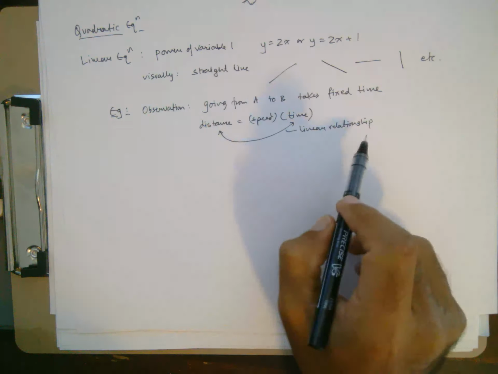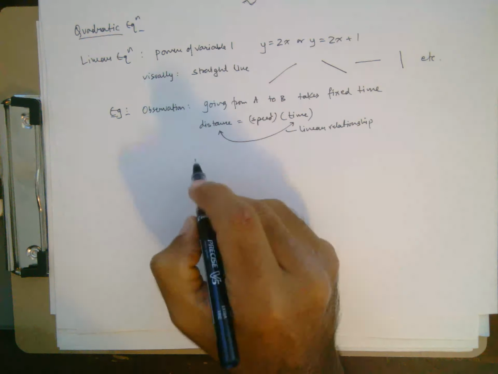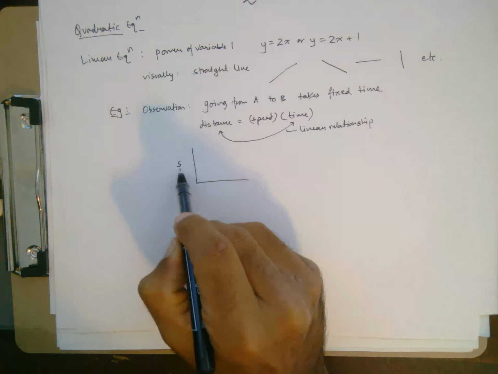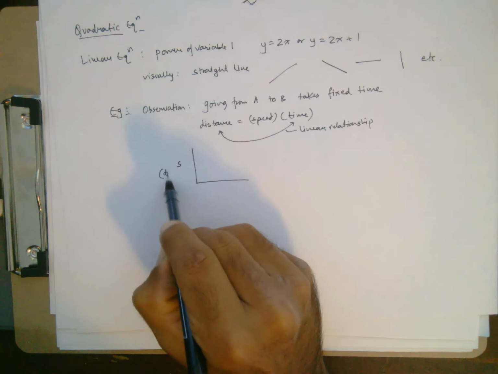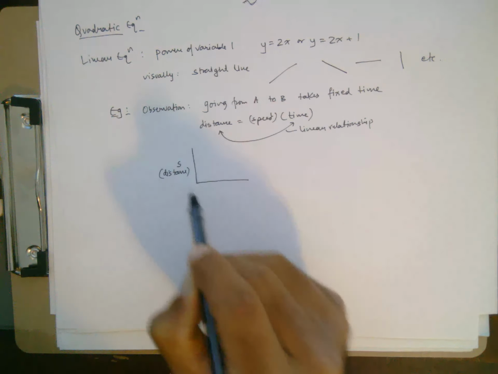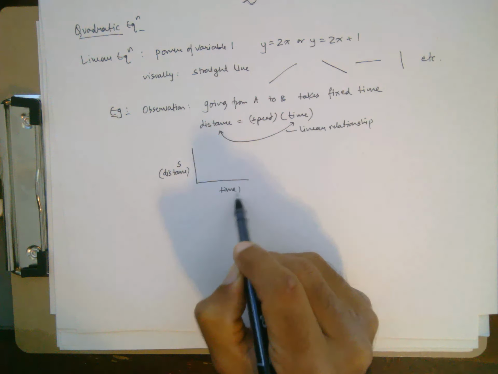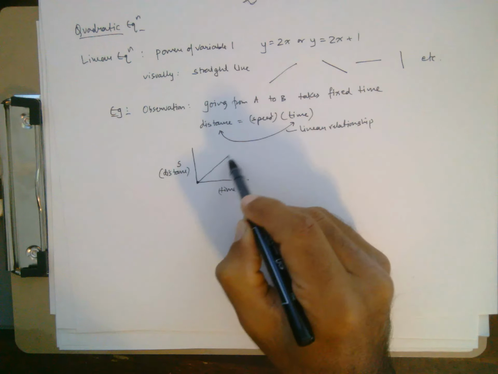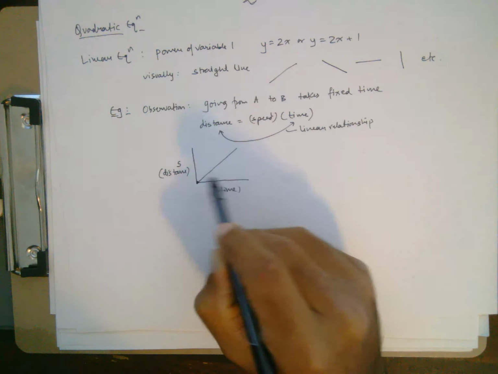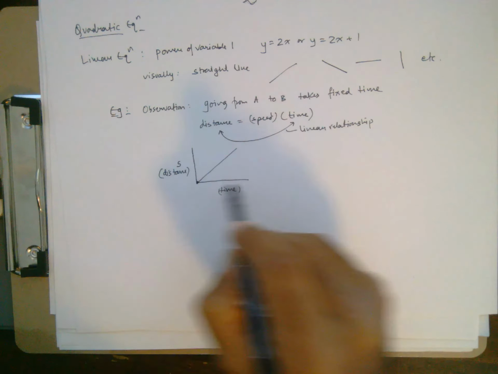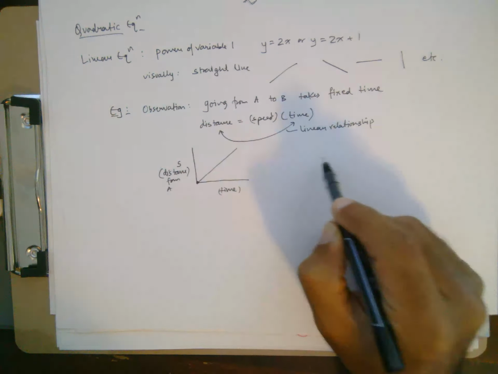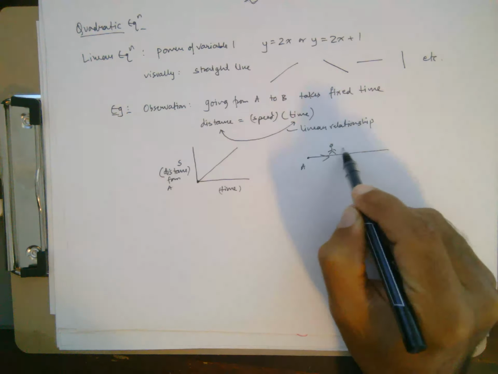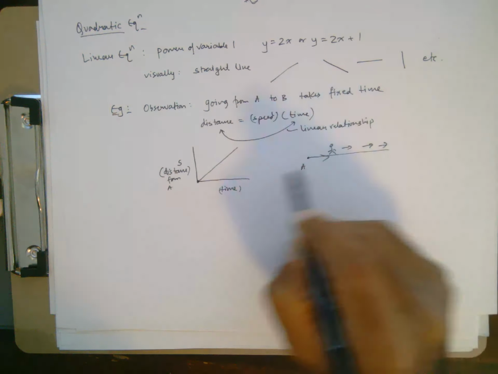So this is what is called a linear relationship, and it turns out, for example, if you were to plot it, right, distance, I'm calling it S because that's a common notation, and time, at time 0 you are at distance 0, and then as time increases your distance from, let's say, point A, you start at A and you walk, increases linearly.